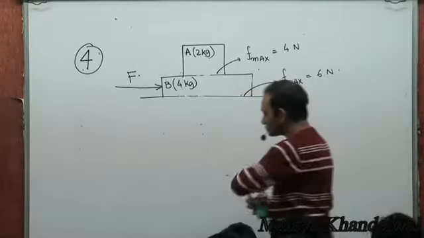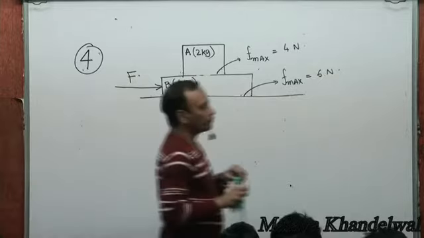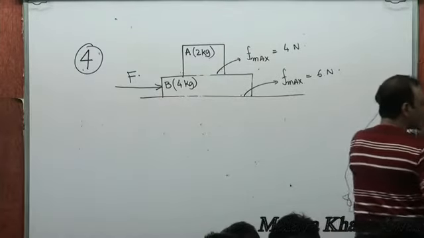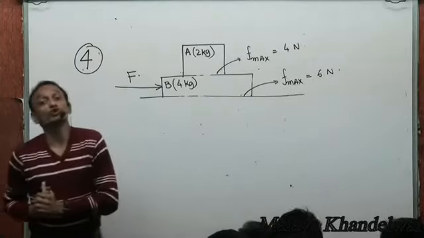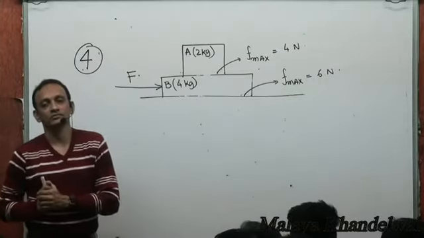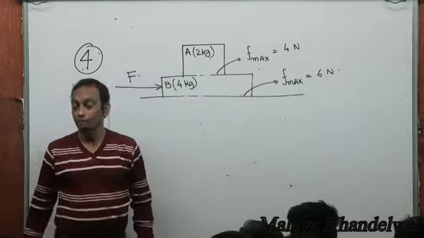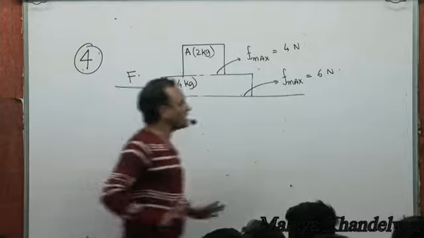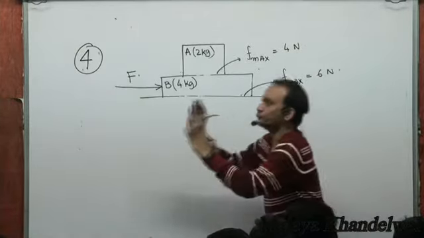Now, is it possible that B does not move but A moves? It is not possible. Why would A want to move?